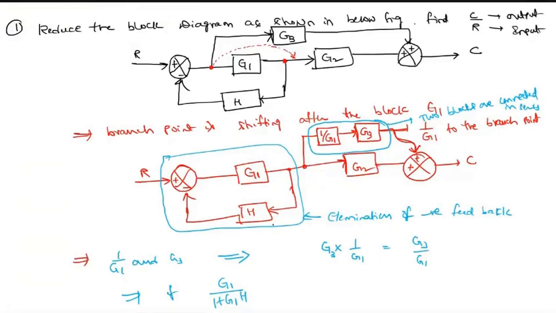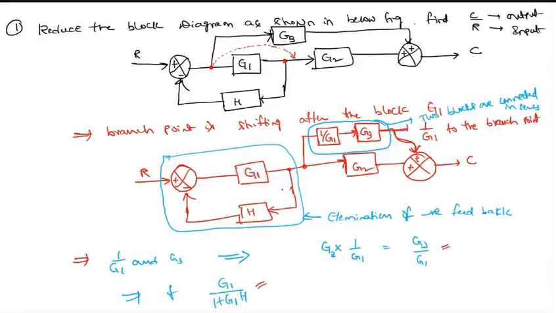Yeah. So if I'm changing this block with respect to these feedback elements, and this cascade block is represented with this element, then the resultant block can be written as follows. Here the input is R, the negative feedback will be eliminated, so it may be written as G1 by 1 plus GH.